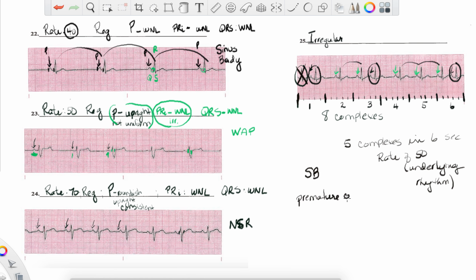The premature complexes, what's notable about them is their P waves are pointed, P's are pointy, but the QRS is normal, and the P waves are not only pointy, but they're upright. If they were inverted, we'd call it a junctional complex, a premature junctional complex. But they're upright and they're pointy, so this is a sinus Brady with premature atrial complexes.